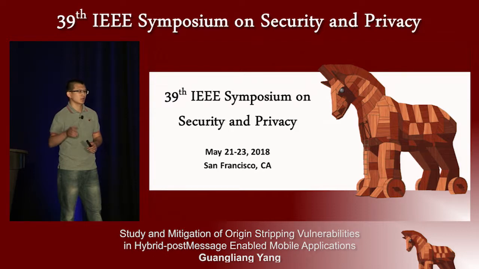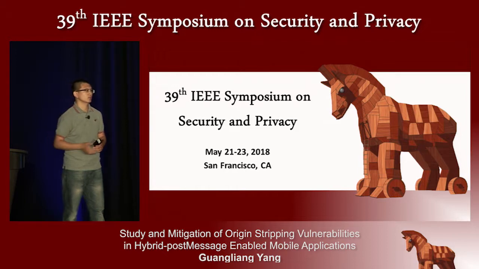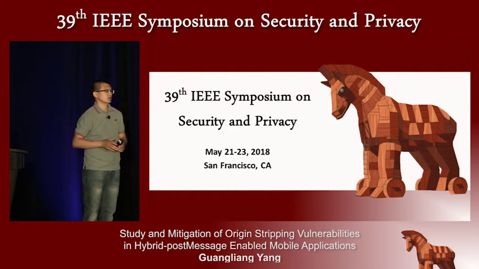But for hybrid postMessage and for OSV, we found all existing defense solutions, not only in mobile but also those designed for regular postMessage, cannot defend against attacks based on OSV.